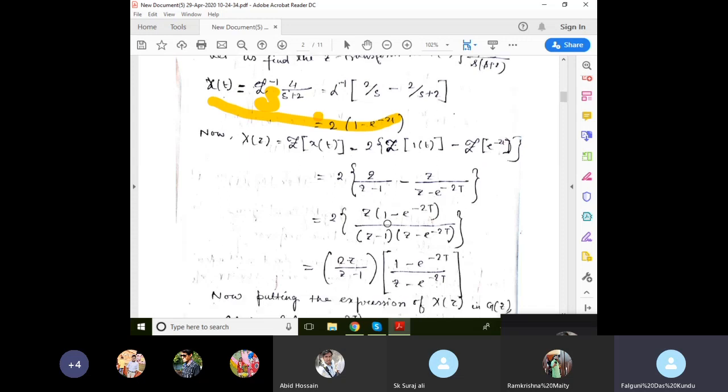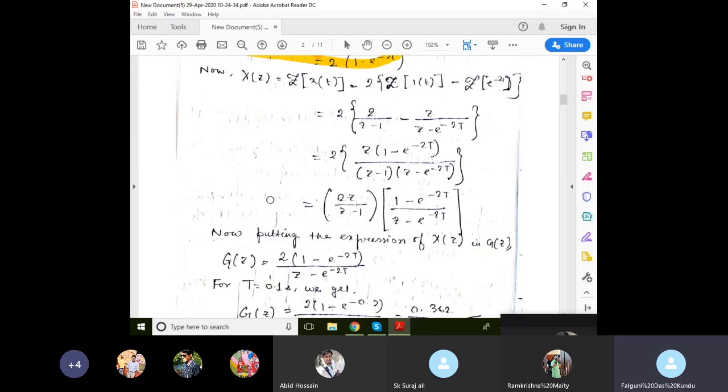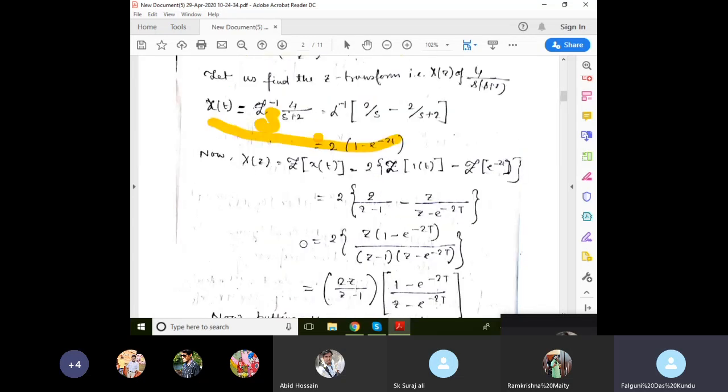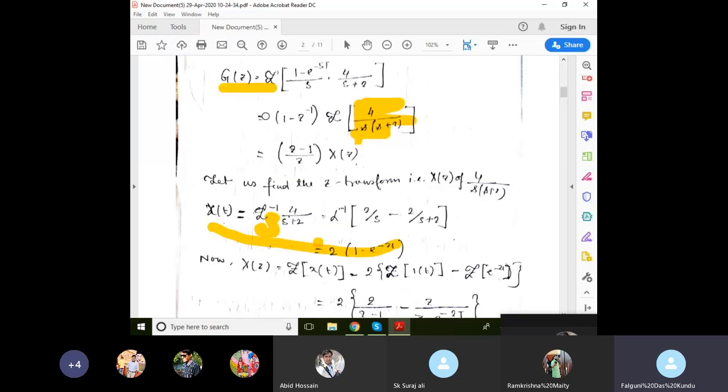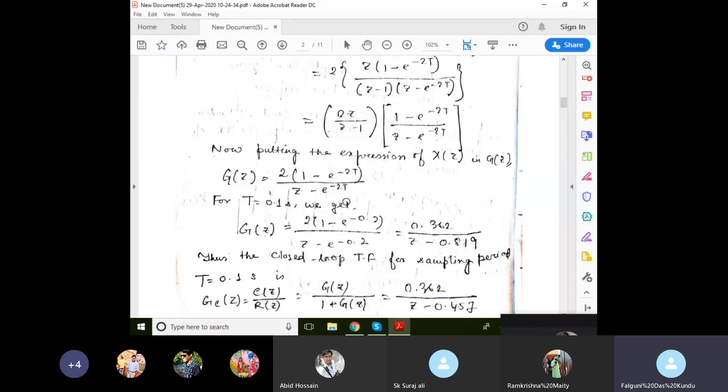After simplification, X(z) is 2z by z minus 1 into (1 minus e to the power minus 2T) by (z minus e to the power minus 2T). Now we substitute X(z) in the value of G(z), and we get G(z) is 2 into (1 minus e to the power minus 2T) by (z minus e to the power minus 2T).